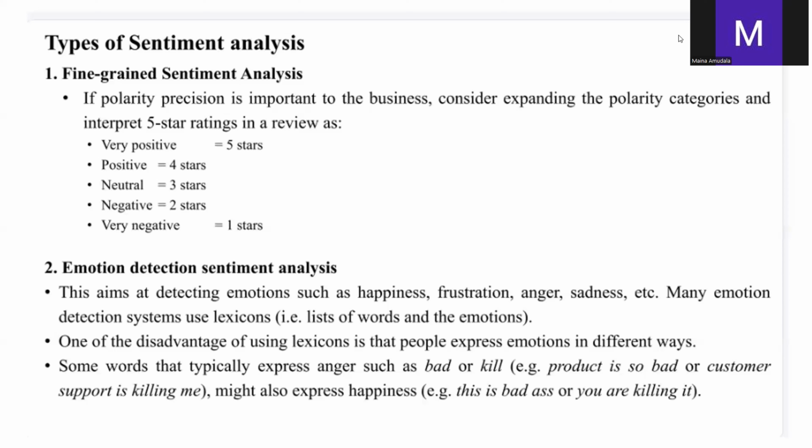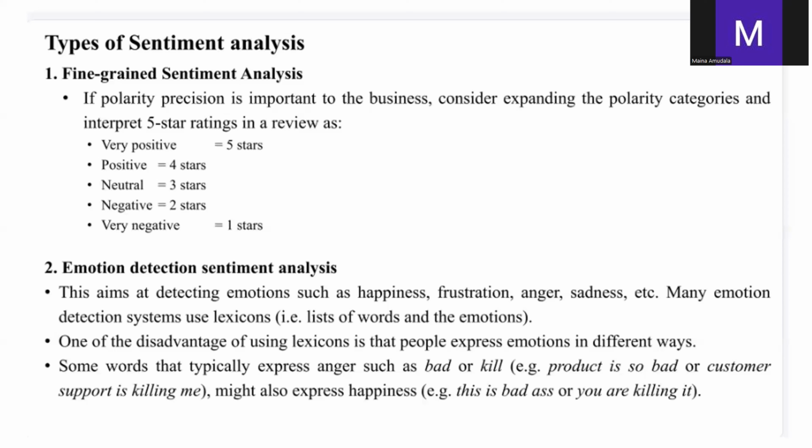Next is emotion detection sentiment analysis, which aims at detecting emotions such as happiness, frustration, anger, and sadness. The emotion detection system uses lexicons, lists of words and their emotions. One disadvantage of lexicons is that people express emotions in different ways.